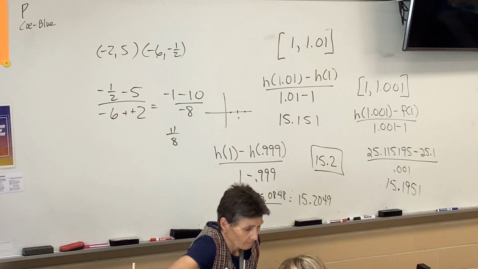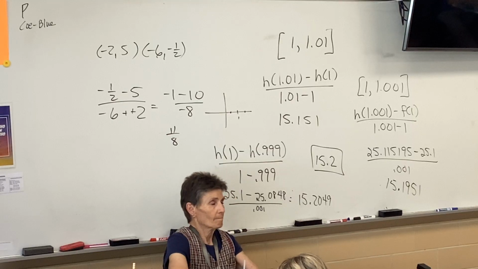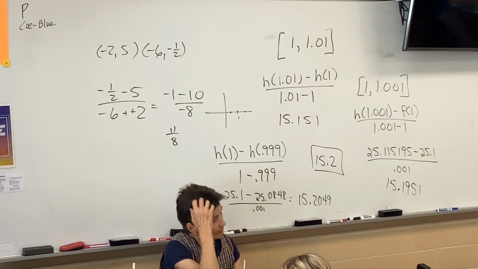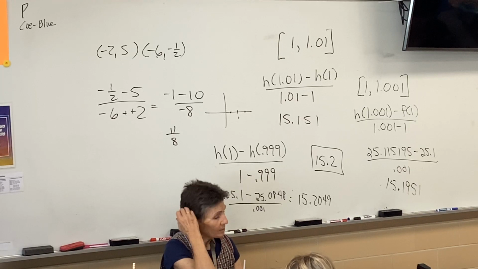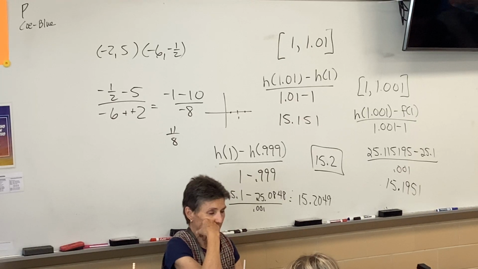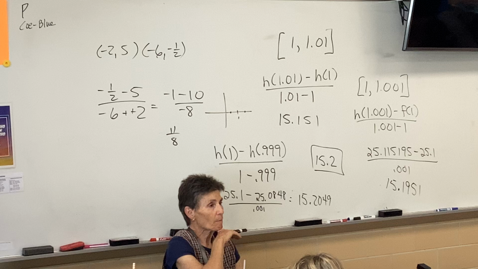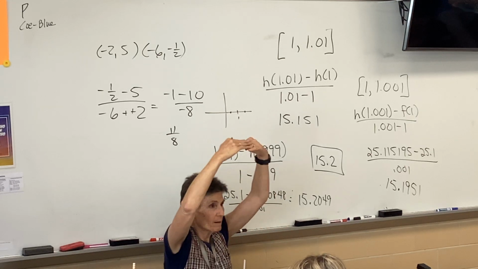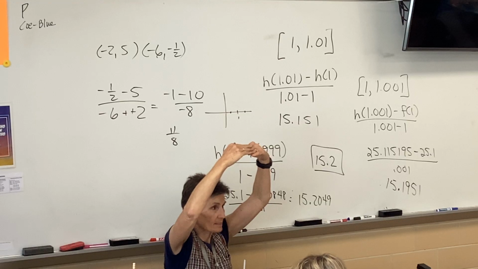With rate of change. I keep warning you, this can be so confusing, you have to read it so carefully. So let's look at the graph of F. The graph of F is positive. Why is it positive? Because it's above the x-axis.